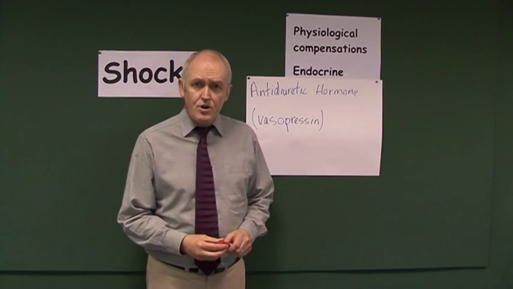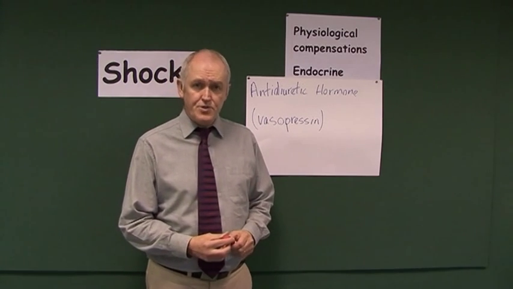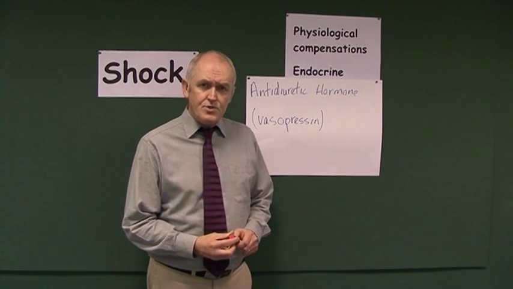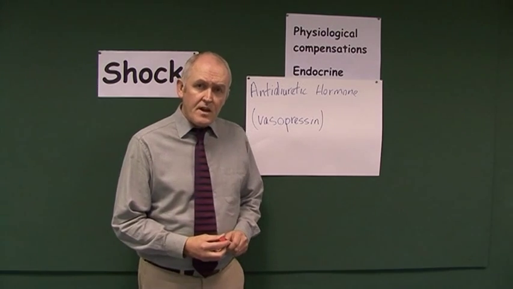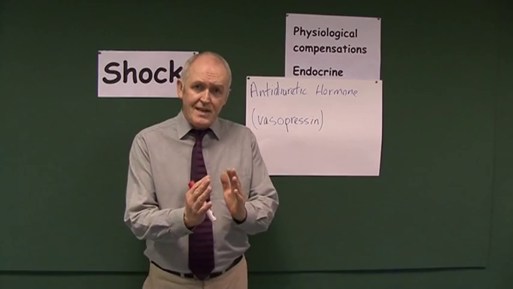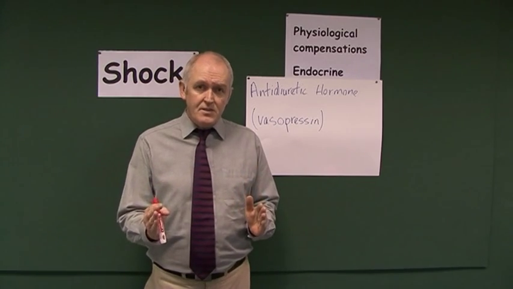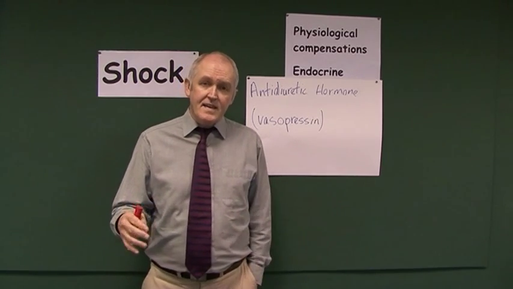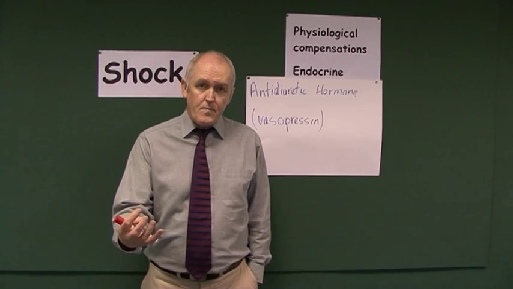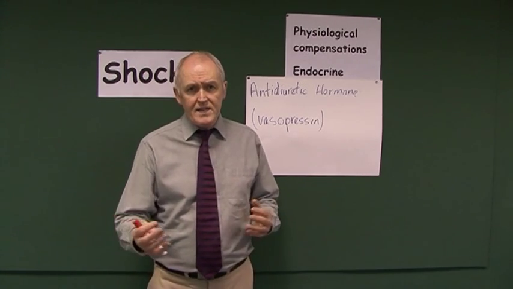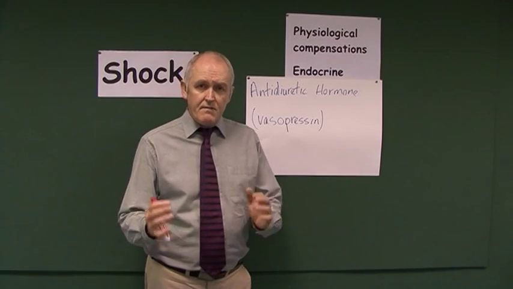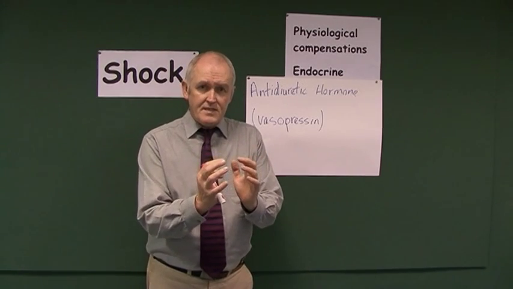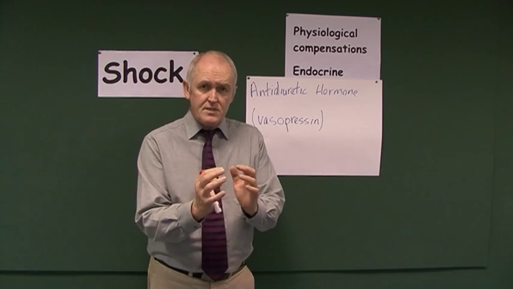And antidiuretic hormone circulates in the blood to the renal tubules. In the renal tubules, it causes increased reabsorption of water from the glomerular filtrate. If more water is reabsorbed from the glomerular filtrate back into the blood, that's going to help to maintain intravascular volume. So this hormone is working in two ways, two compensatory mechanisms. One is that it's going to be vasoconstricting to maintain peripheral resistance.